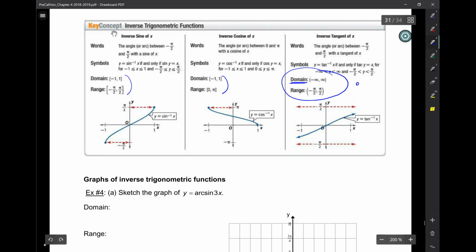That means it's okay if you have inverse tangent of like 300. You could have any number in there. The domain is all reals. But the range is the open interval from negative to positive pi over 2.